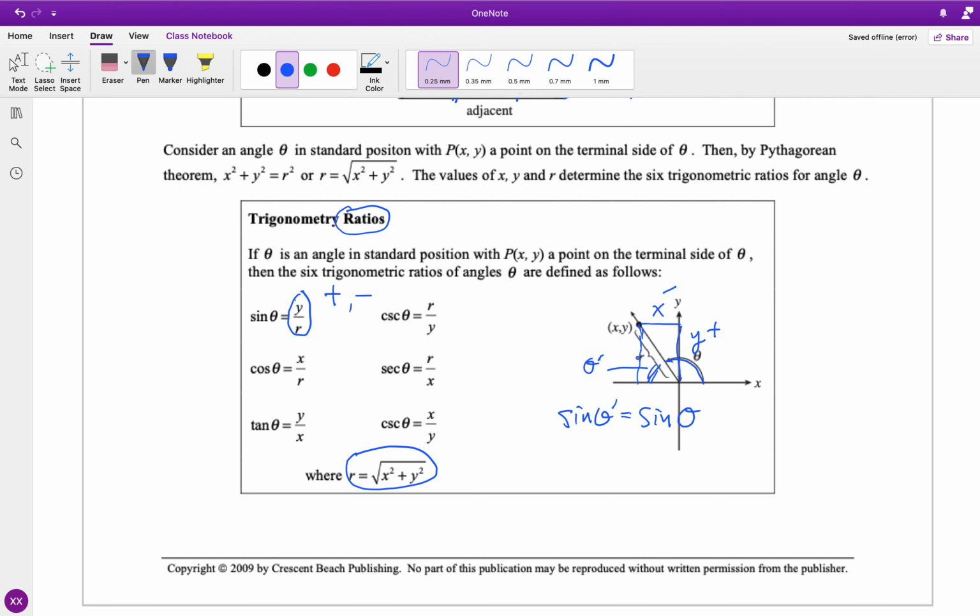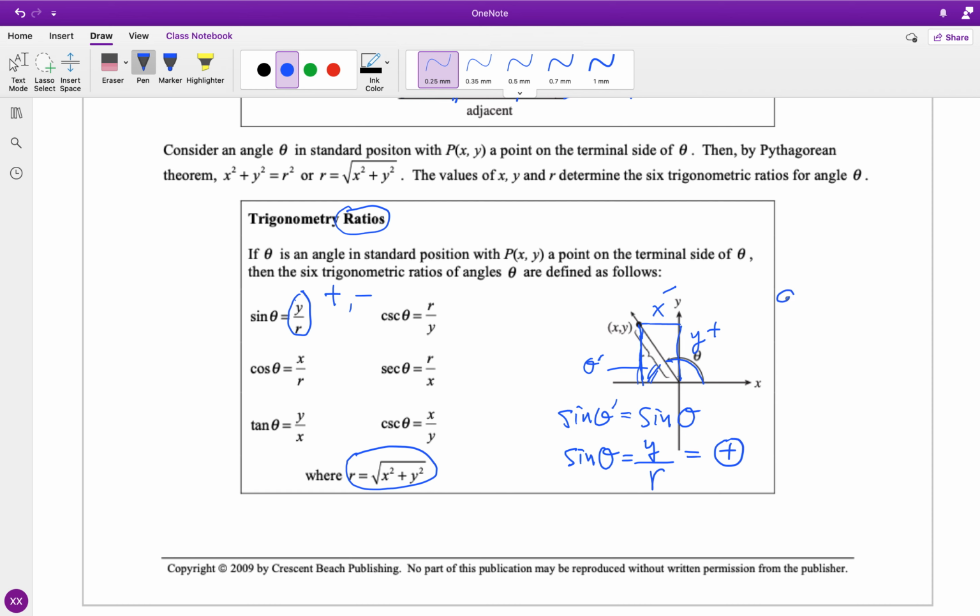So in this case, my sine value is y, because this one is the opposite, which is my y, over my hypotenuse r. Now my y value is positive, so this is a positive value.